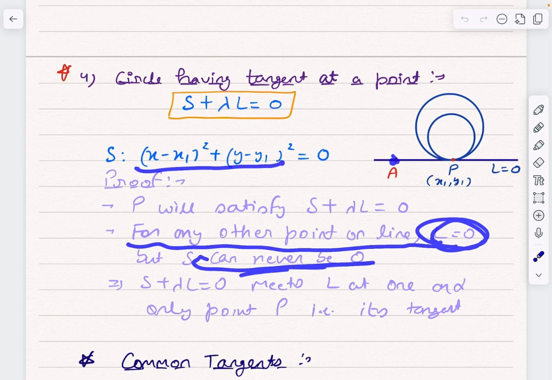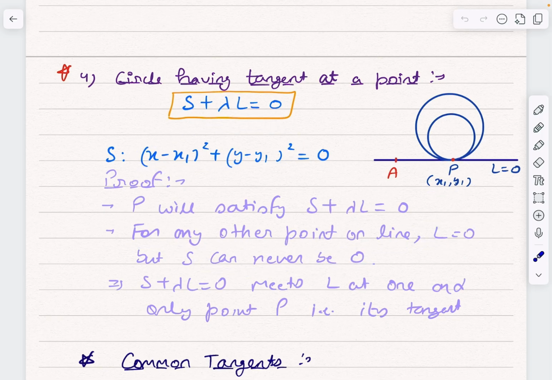This S equation will be 0 only for x1, y1. So S plus lambda L equal to 0 meets the line at one and only one point P. That means it will be tangent at P. So this is a very, very important concept, guys. S plus lambda L equal to 0 here also, and the circle we take is the point circle. Just remember this way.